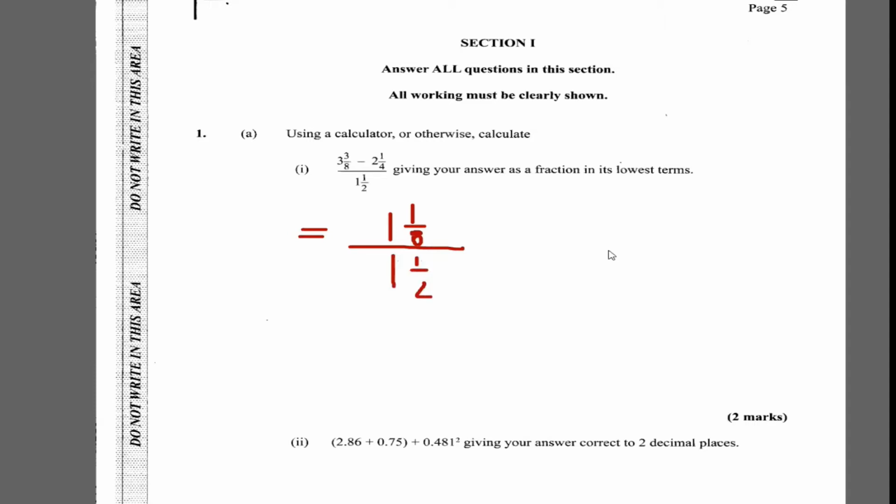After you simplify the numerator, you can work out 1 and 1 over 8 over 1.5. You put that in your calculator, and you're going to get 3/4. So the answer is 3/4. Nice and easy.